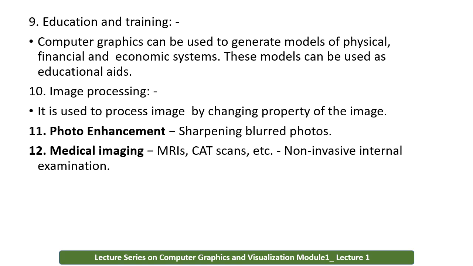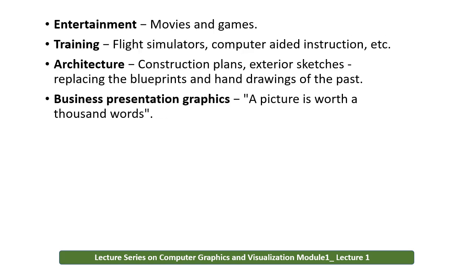So these are the 12 application areas where we come across the use of computer graphics. Entertainment can be considered with the help of games or movies. Education and training can be done with the help of flight simulators, computer aided instruction, etc. Architecture relates to construction plans such as building plans, exterior sketches or blueprints, which replace the hand drawings of the past.